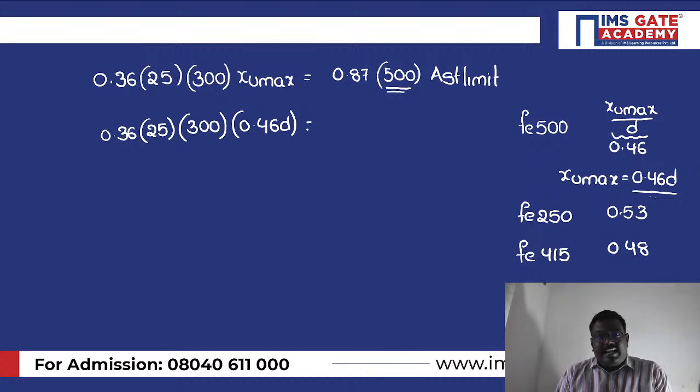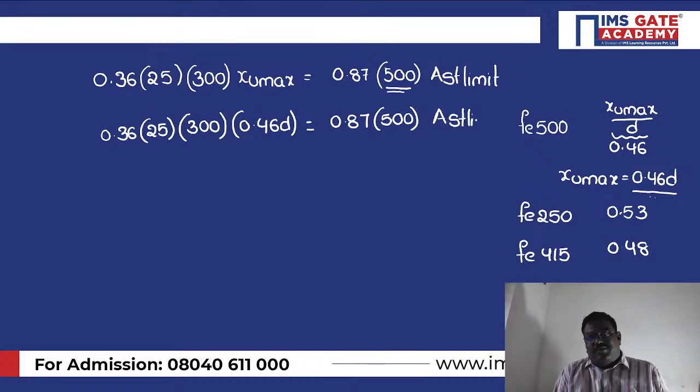D is nothing but, again, what is the value given in D? D is nothing but 400. So, D is nothing but 400. Now, when I solve, what is the limiting area of steel?